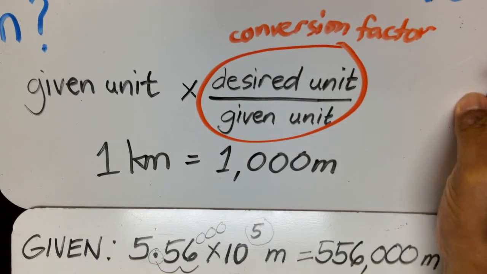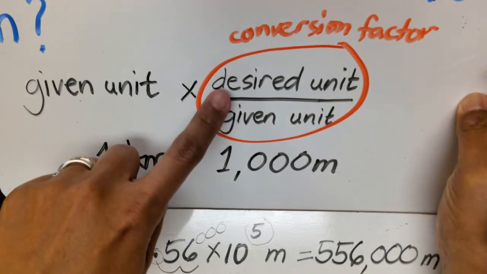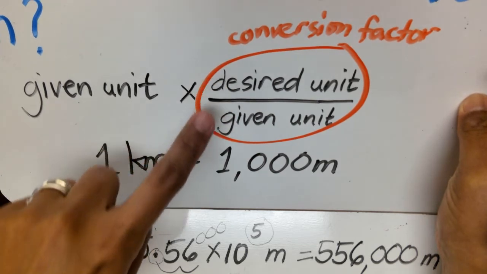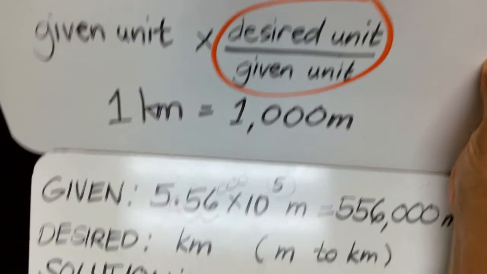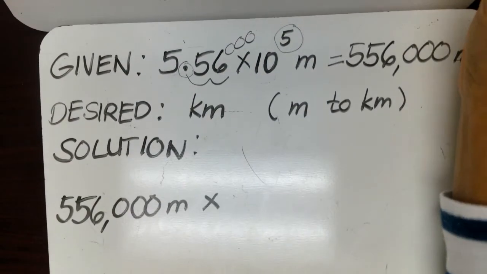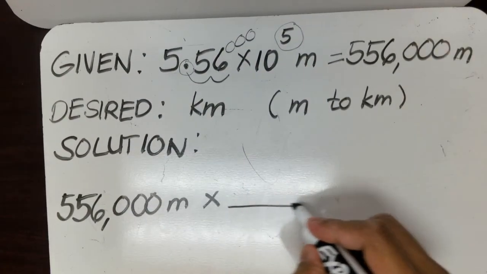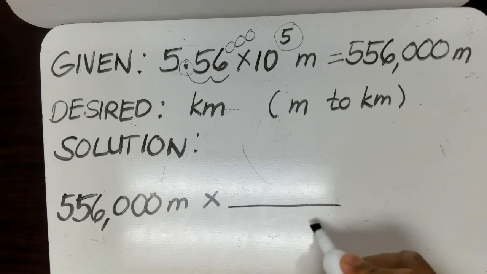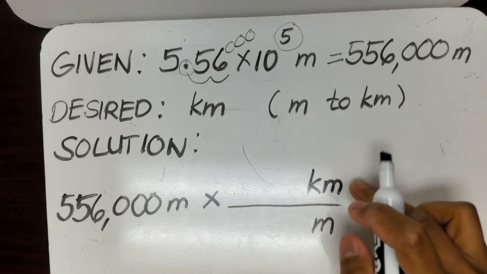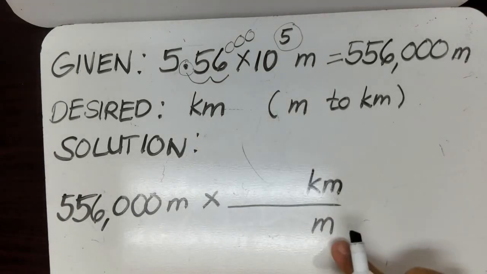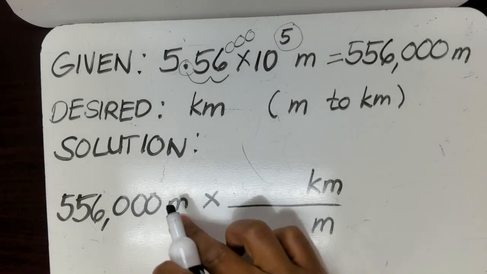In our conversion factor, the desired unit kilometer has to be on top and the given unit meter should be below. So let us put that down in our solutions. How will that look like? So here you put a line first, and then the meter will be below, and the kilometer will be on top. Kilometer is the desired unit, and the meter is your given unit, which is similar to this.